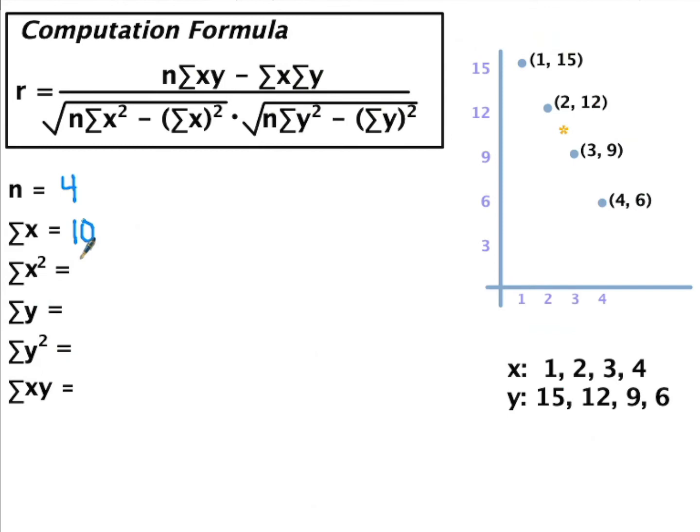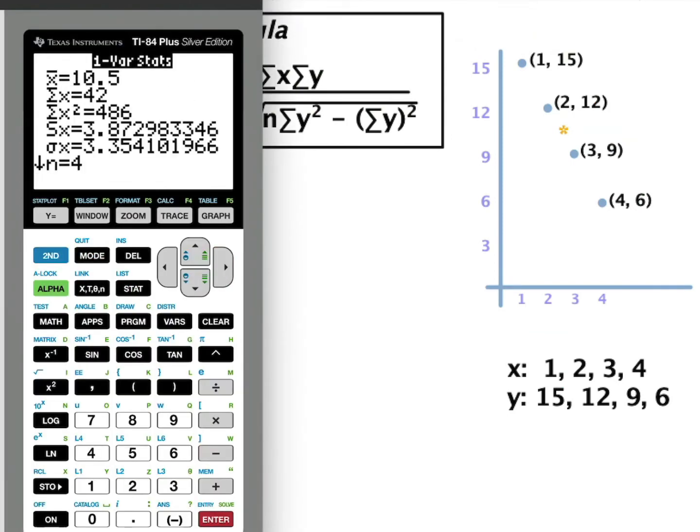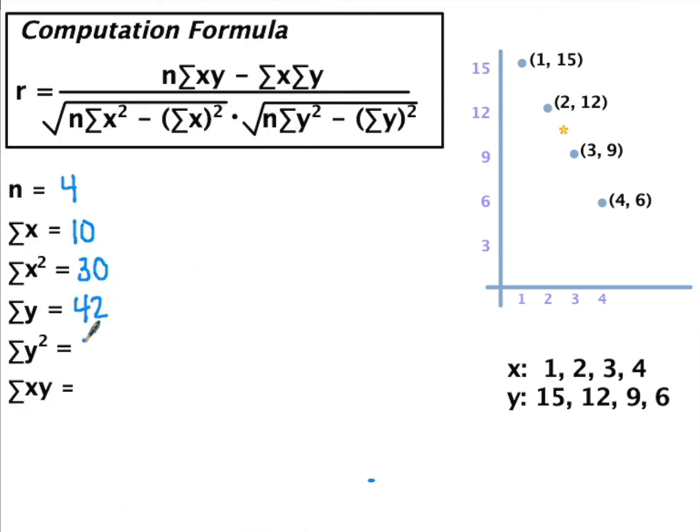So that was 10 and 30. 42 and 4.86. And this last calculation will be a little more annoying because we have to take each x times its y and then add those together. So 1 times 15, 2 times 12, 3 times 9, 4 times 6, which comes out to 90.